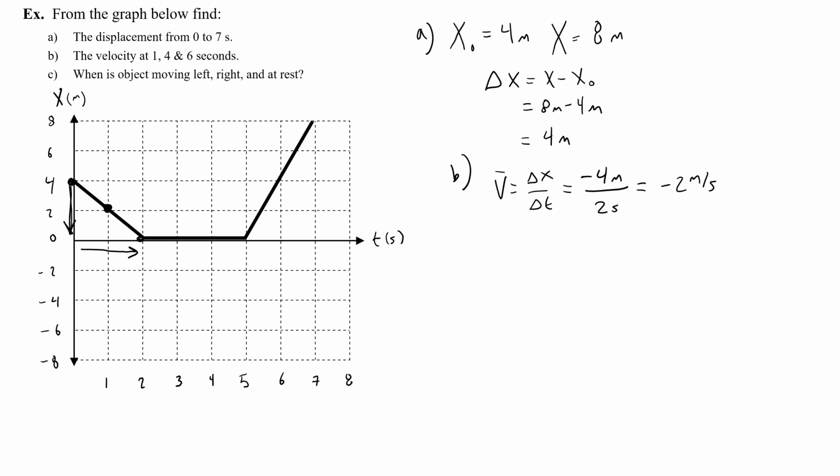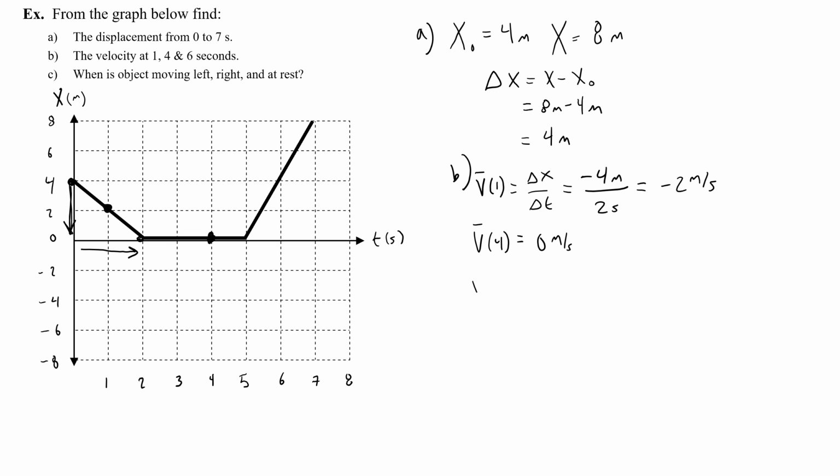Okay, at 4, right here, I notice that the line is flat, which means it has a slope of 0, and therefore the velocity at 4 seconds is 0. And a good way to keep track of this is by saying v and then in parentheses putting the time that you're looking at. So for 4 seconds, we would say 0.